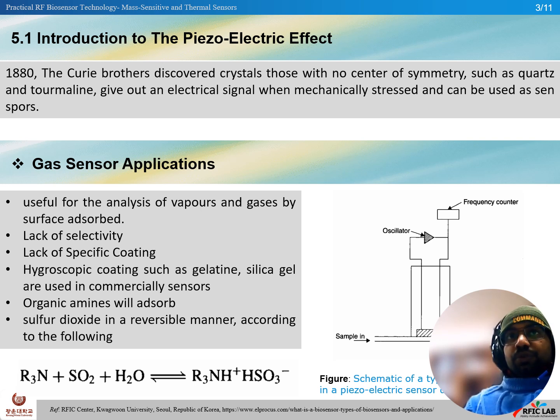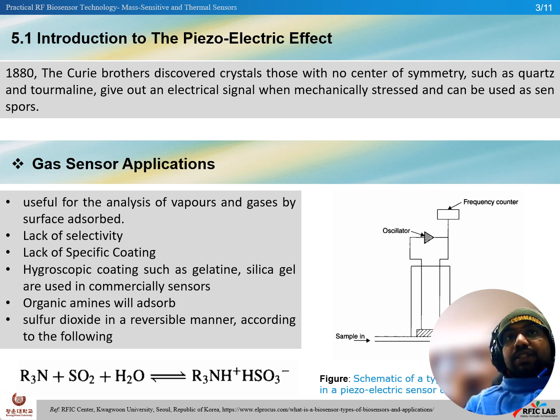The Curie brothers discovered that crystals with no center of symmetry, such as quartz and tourmaline, give out an electrical signal under mechanical stress. Later this was used as a sensor.